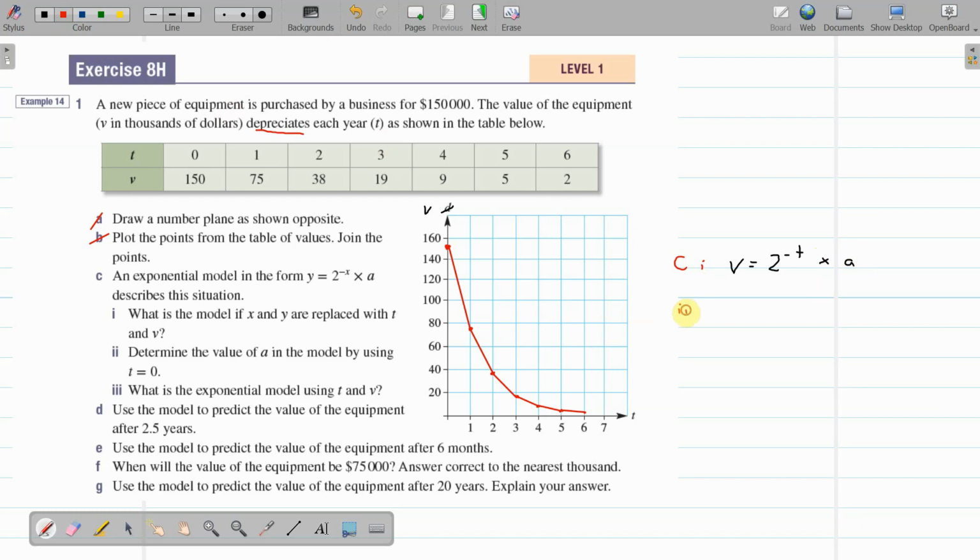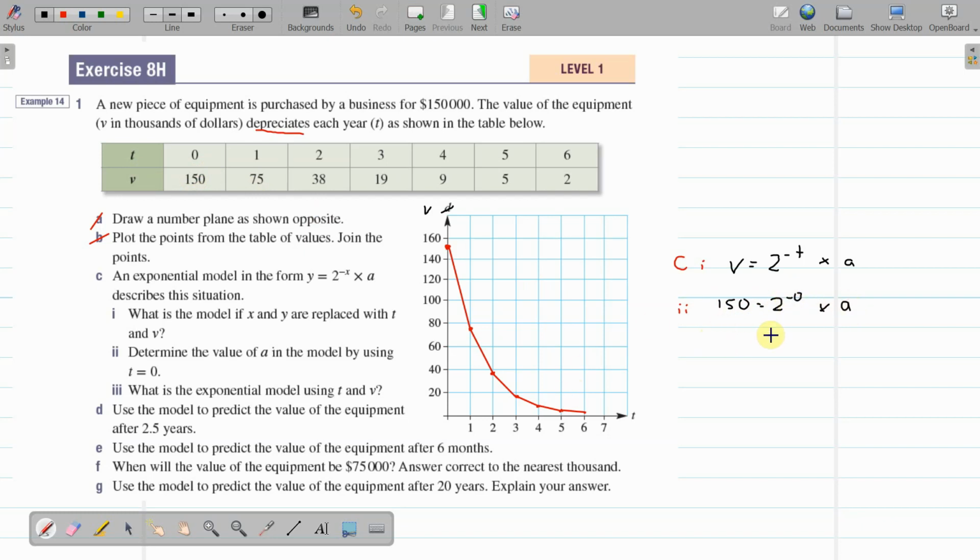C part 2. Determine the value of a using the model, by using t equals 0. Okay, well when t equals 0, v is 150. So we need to know both of those so we can work out what a is. So instead of v, we'll put 150. 2 to the minus 0, because t equals 0, times whatever a is.